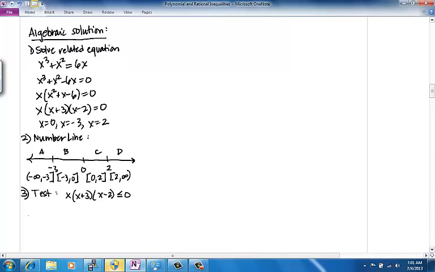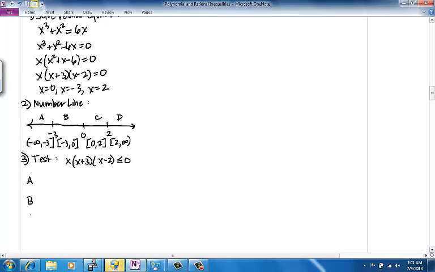So if I want to pick a specific test point, I can. But really, it's just fine to think about any general value in that interval.